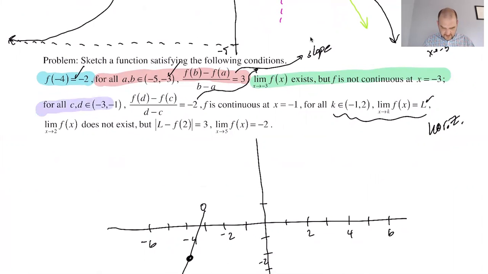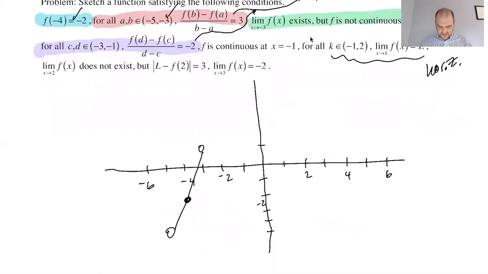This piece of information is that the limit needs to exist at -3. And for any points between -3 and -1, the slope is always -2, which means that it's just a linear function between -3 and -1. So if the limit has to exist, then I must start at -1, 1 with the open circle.